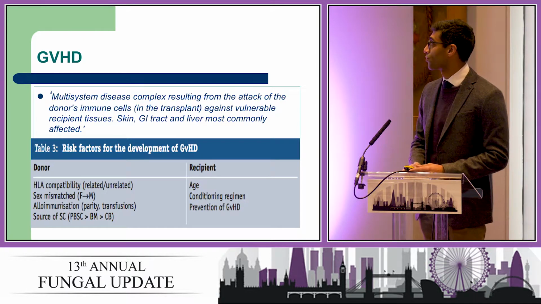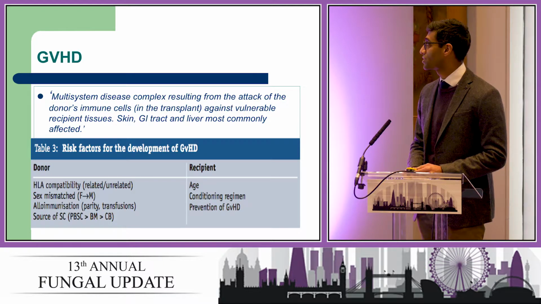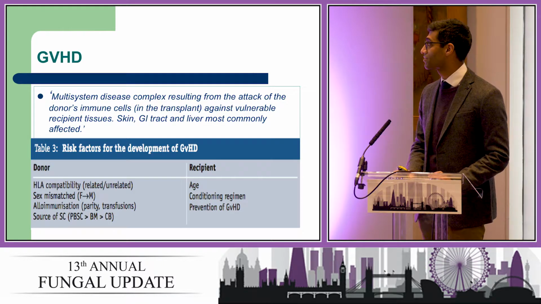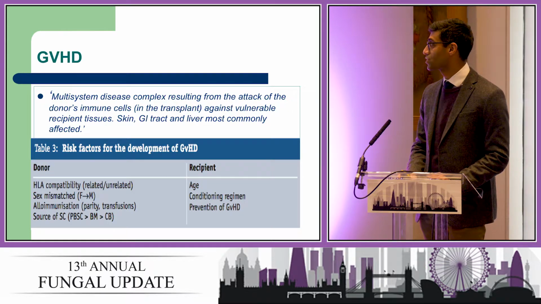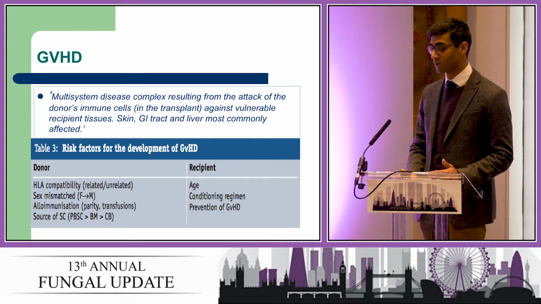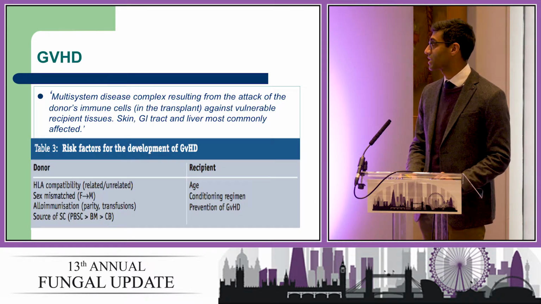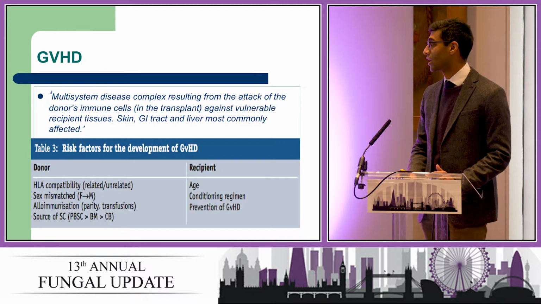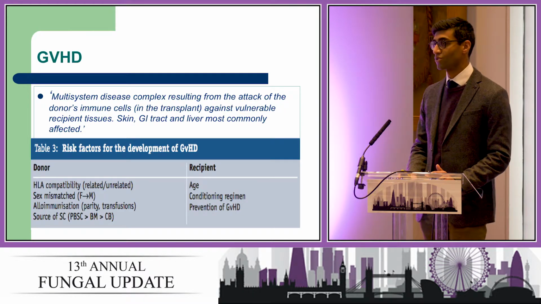Risk factors for the development of graft versus host disease from the donor's perspective are gender mismatch, HLA compatibility, previous transfusions or parity, and the source of the stem cell. Is it from the peripheral blood stem cell, which is more likely to cause graft versus host disease compared to stem cells obtained from the bone marrow compared to the umbilical cord blood?